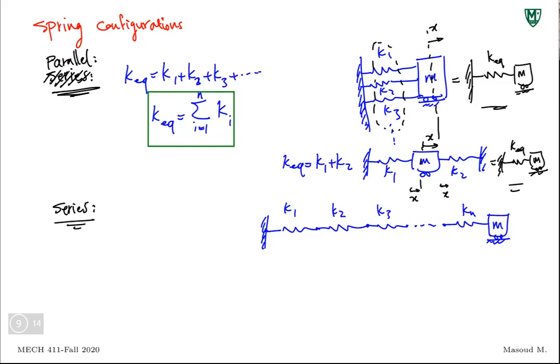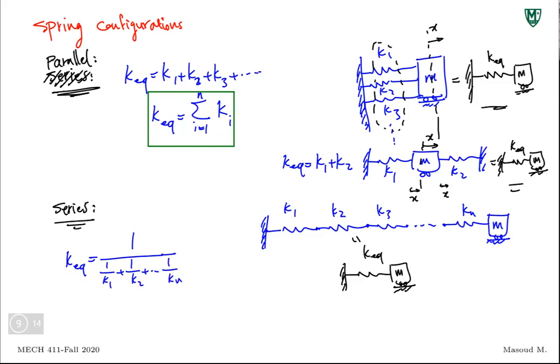The equivalent of this would be a system like this, K equivalent with M. Now this K equivalent is 1 over, correct that, 1 over K1 plus 1 over K2 all the way to 1 over Kn.